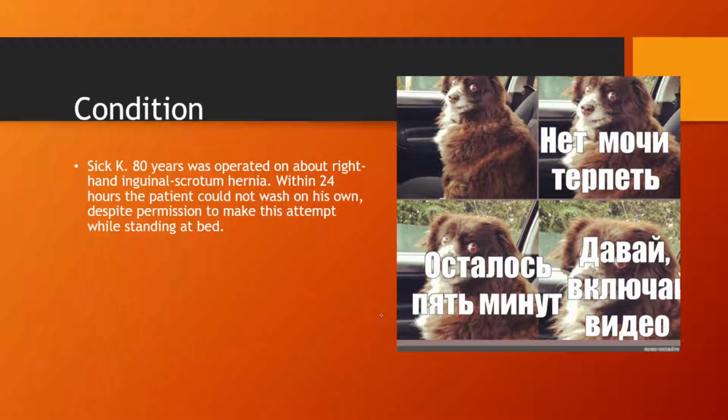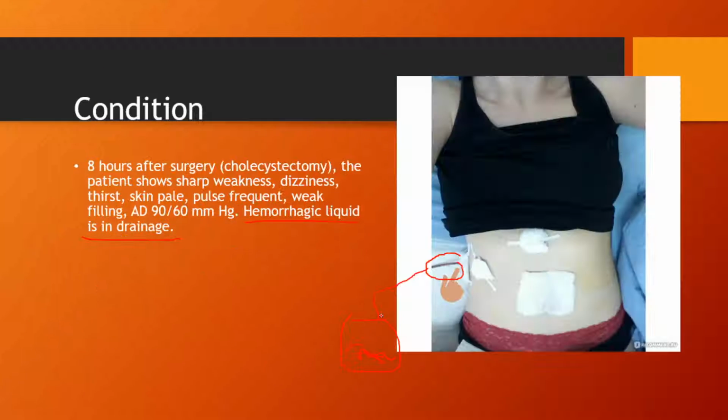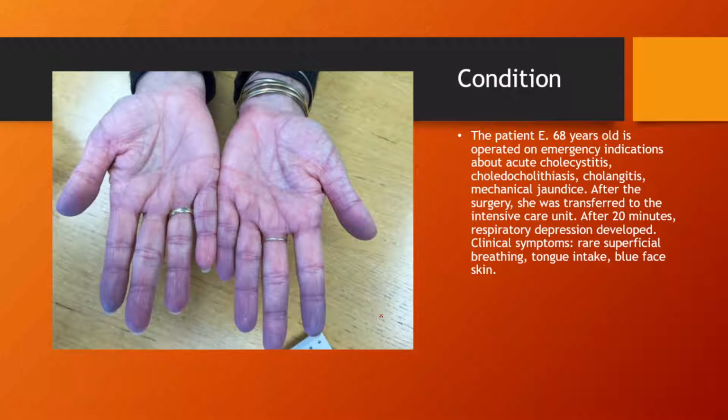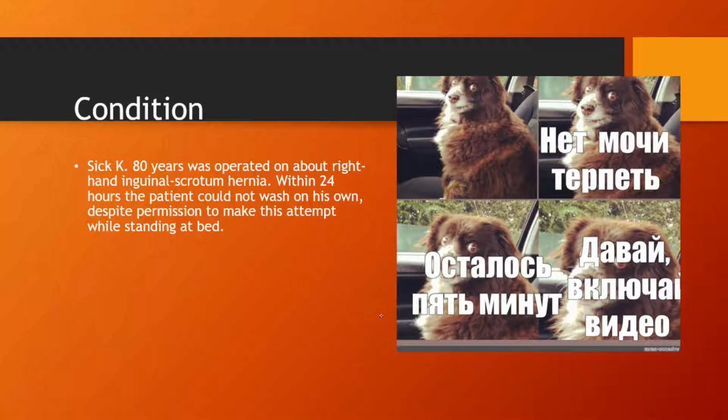Next clinical case. I forgot what the number of it is. One, two, three, four, five. Okay, case five. An 80-year-old patient was operated on for a right inguinal-scrotal hernia.